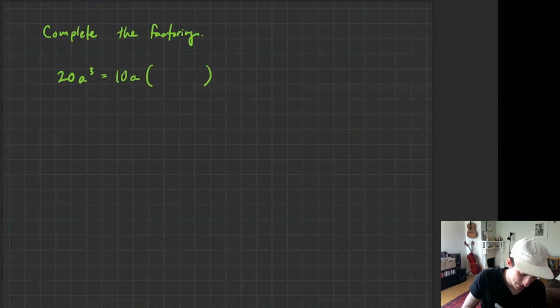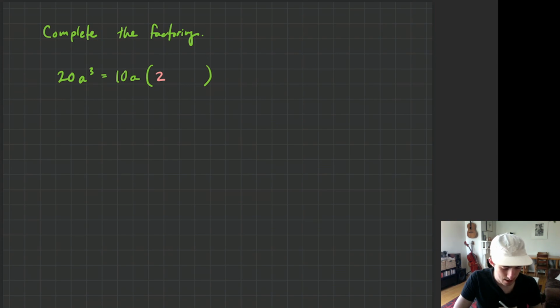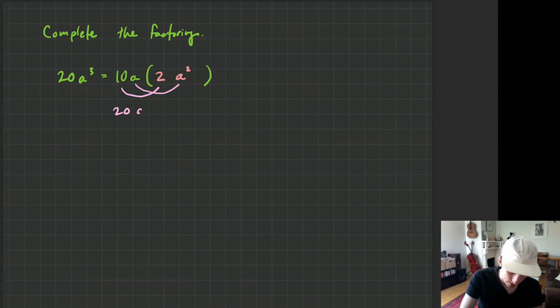Well, I'm missing a 2, because 10 times 2 is 20, and I'm missing 2 a's. So this is going to be 2a squared. If I were to multiply this out, 10 times 2 is 20, and a times a squared is a cubed.